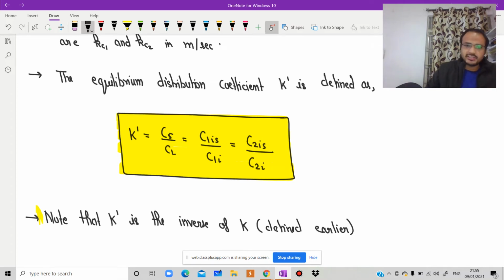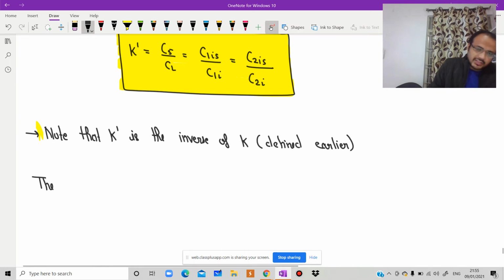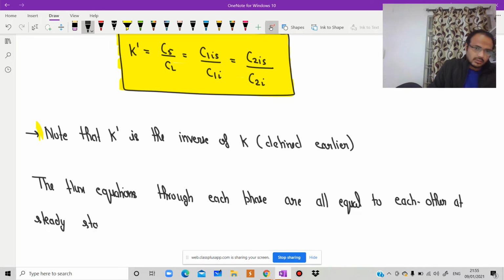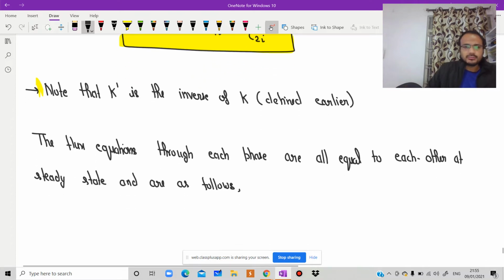Now use your flux equation at steady state. The flux equations through each phase are all equal to each other at steady state, and are as follows.